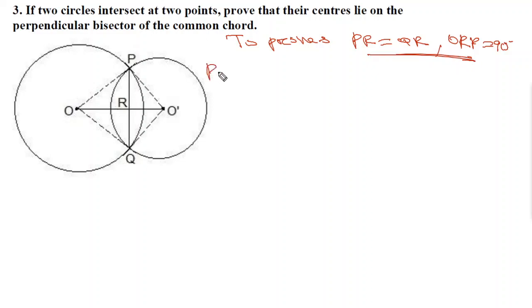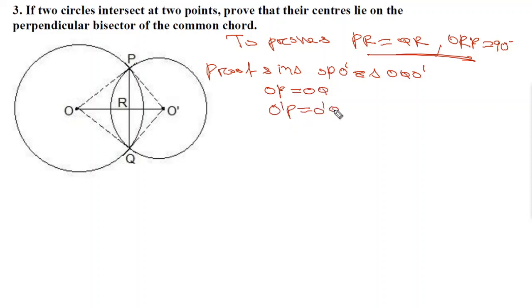So let's move to the proof section. First of all, we will take these two triangles, triangle OPO dash and OQO dash. In triangle OPO dash and triangle OQO dash, we have OP equal to OQ, and O dash P equal to O dash Q. What is the reason?